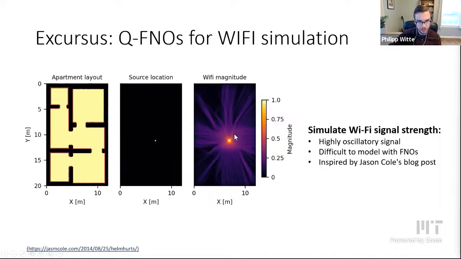This is a very highly oscillatory signal that's also pretty high frequency, so you would expect typical FNOs might not work that well. The idea is that you have an apartment layout and different locations of your Wi-Fi router, and you want to estimate the Wi-Fi magnitude. That problem is actually inspired by a blog post that we read from Jason Cole, which is super cool. If you haven't seen it, you should definitely give it a read.